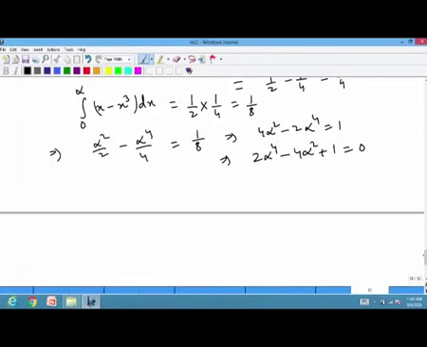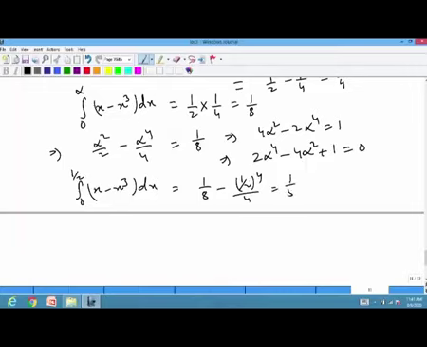So, if we calculate the integral from 0 to half of x minus x cube dx, this will be equal to, just put alpha equal to half. So, this will be 1 by 8 minus 1 by 2 to the 4 by 4.